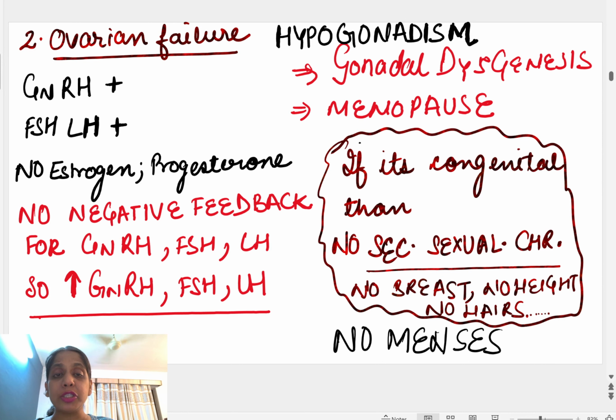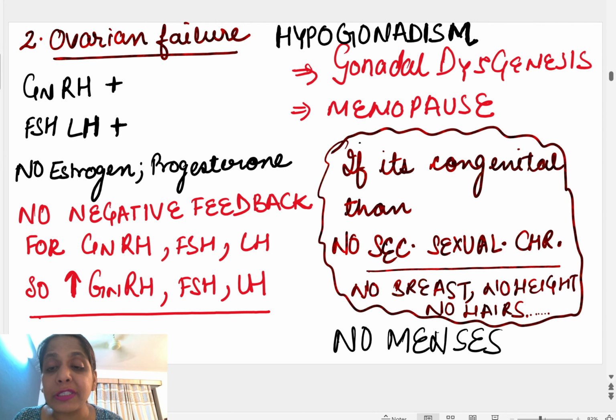So what is this stage known as? Hypergonadotropic hypogonadism. The earlier stage, the hypothalamic failure, was hypogonadotropic hypogonadism. This stage is hypergonadotropic hypogonadism because there is no estrogen, so no one is telling the hypothalamus to shut down.